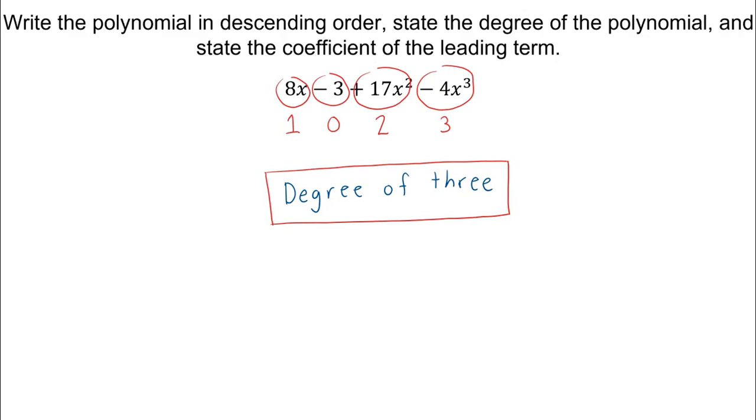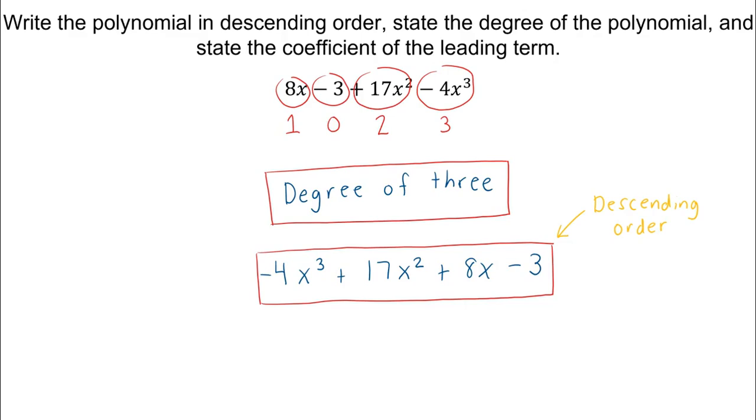Now that we know the degree of each of the terms, let's write it in descending order. The first term would be the term with the greatest degree. So the first term is going to be negative 4x to the 3rd. The next term will be the term with the next highest degree, which would be 17x squared, and so on.